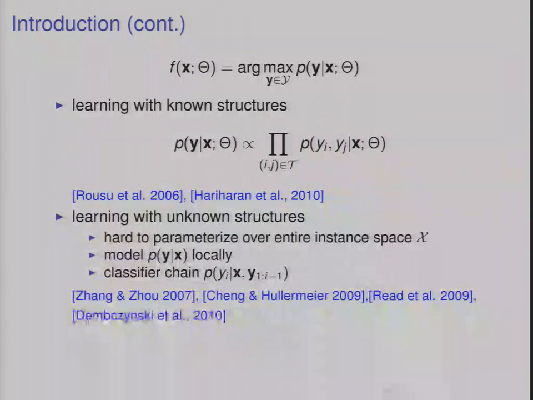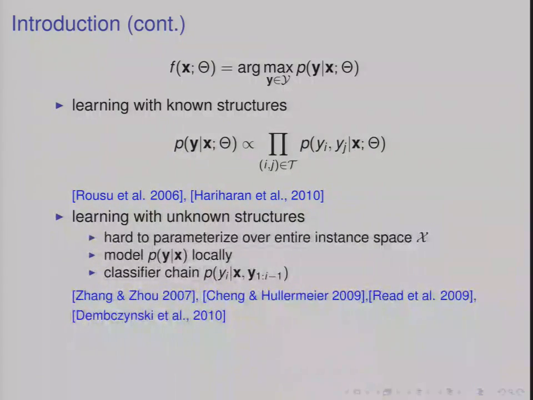However, if the structures are unknown, it is more difficult because it is hard to parameterize the conditional probability over the entire instance space X. Therefore, some methods model the conditional probability locally, or there are intuitive methods called classifier chains.